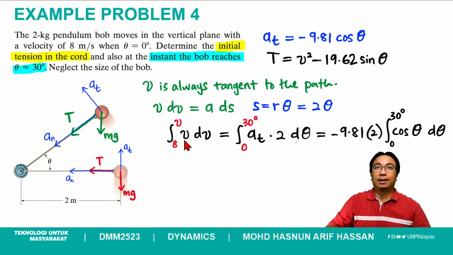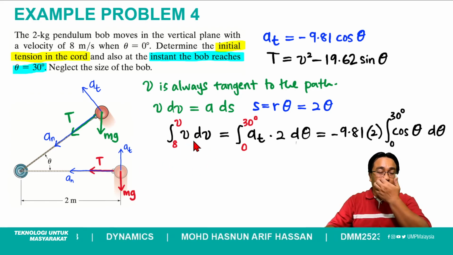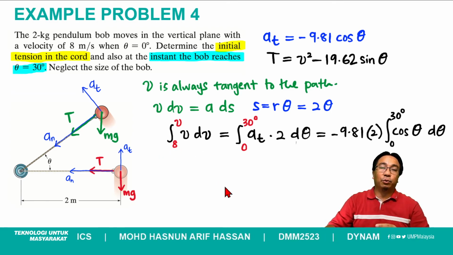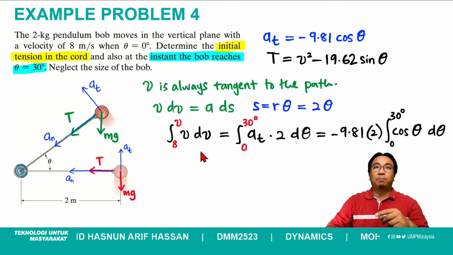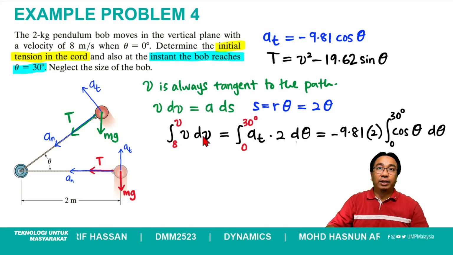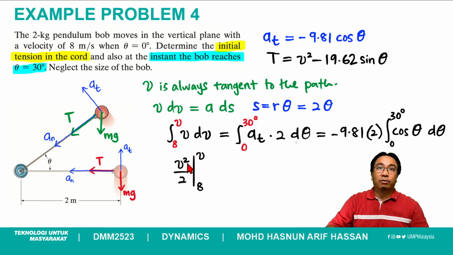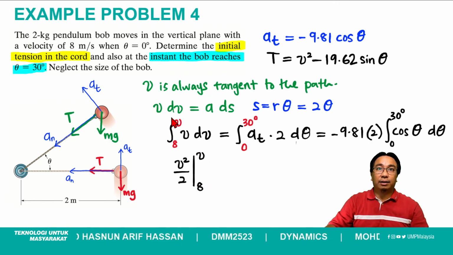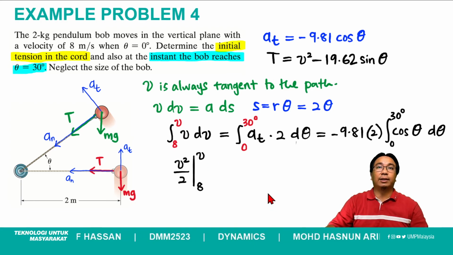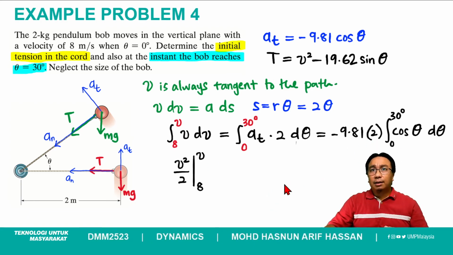Yes, sir. Yes. Okay, jangan confuse. You may be familiar with integration of dt. Tapi dia sama je. If you integrate v dv, then what you get is v square over 2. And the range is from 8 to v. Ni range yang kita dah define tadi. Okay. Right hand side.